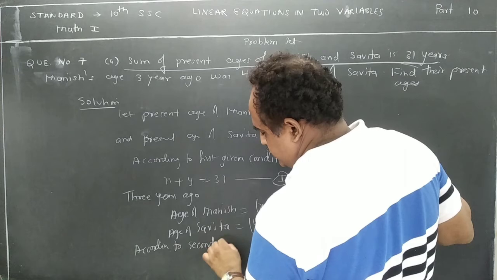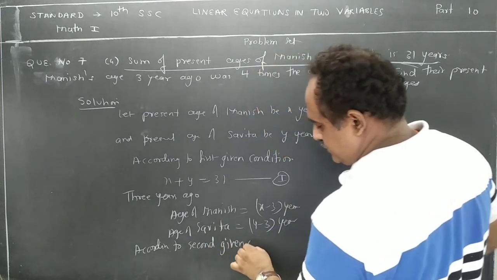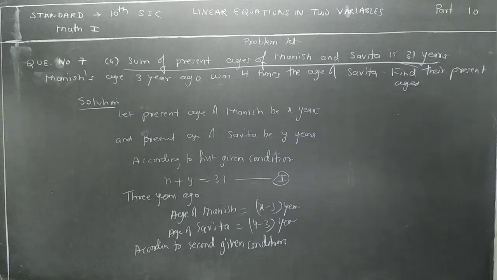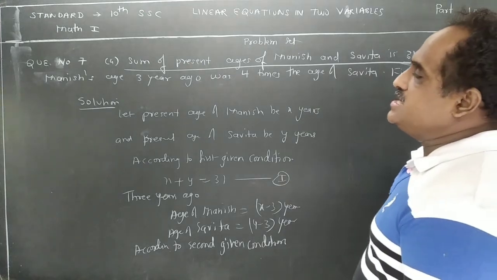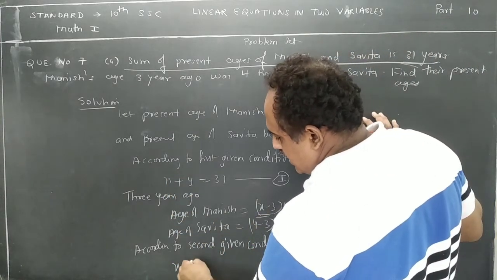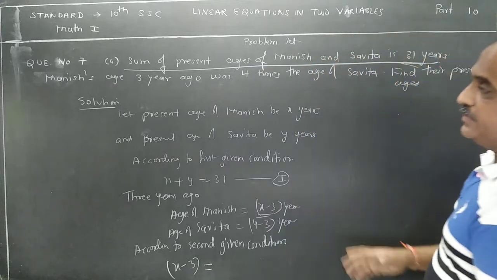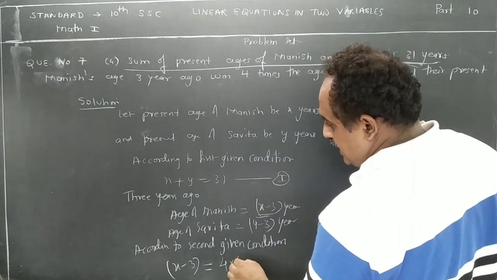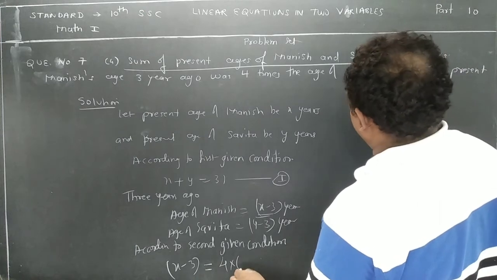Then, according to the second given condition, what have they given to you? Manisha's age 3 years ago was equal to 4 times the age of Savita.